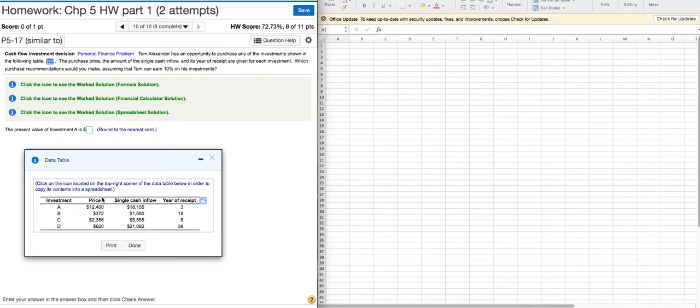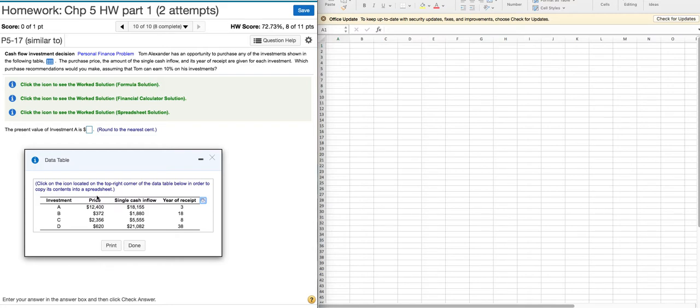This chart does also include the price of each investment, or essentially what the cost would be to buy into each investment. So as we calculate the present value of the cash flows, the single cash inflow in this column, we're really disregarding for the moment what the price of each investment would be.